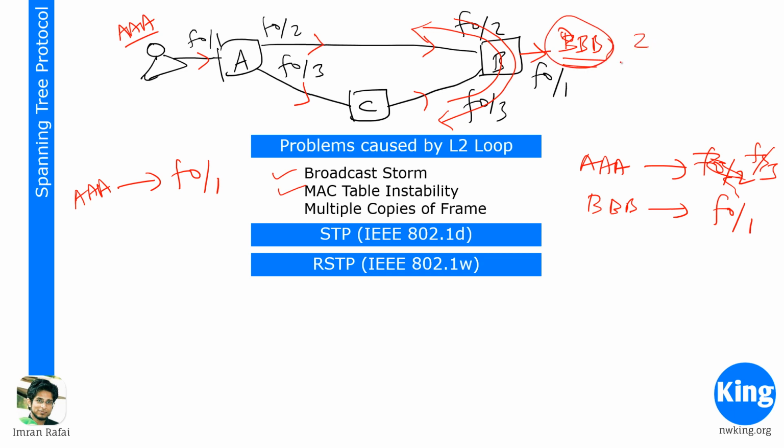That's a problem, because if it's an application that was sending the data, the same frame cannot come twice. If the same frame comes twice, there's a duplicate frame, and there is some problem in the network. So multiple copies of the same frame reach the user. So these are the three problems a layer 2 loop can create.